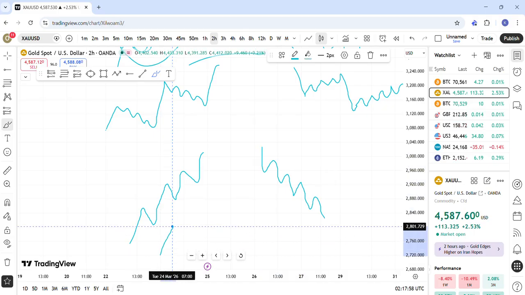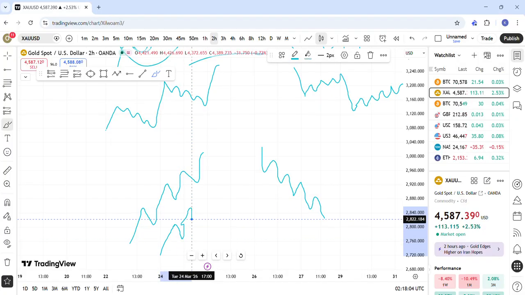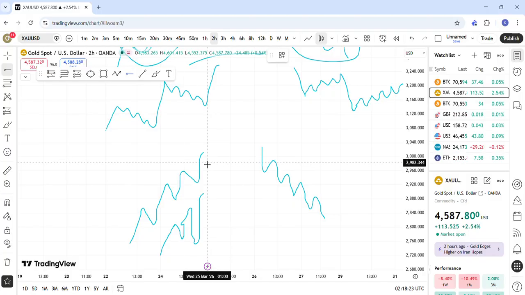When price moves up, comes down, then breaks this high, then price comes and takes it out and pushes up. You see this point? This is a point for you to look out for.